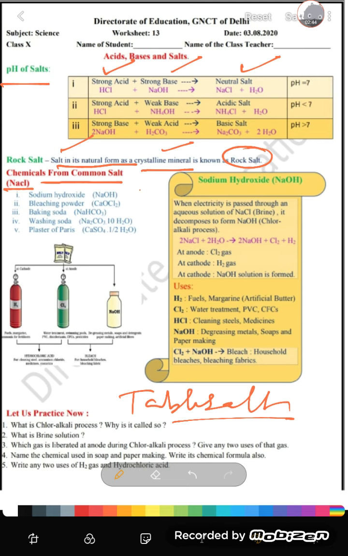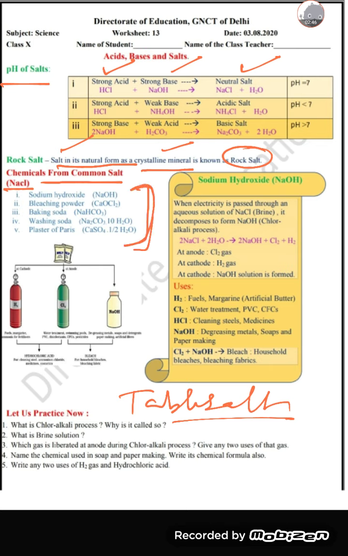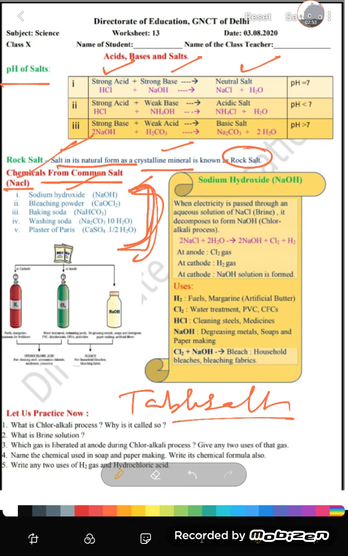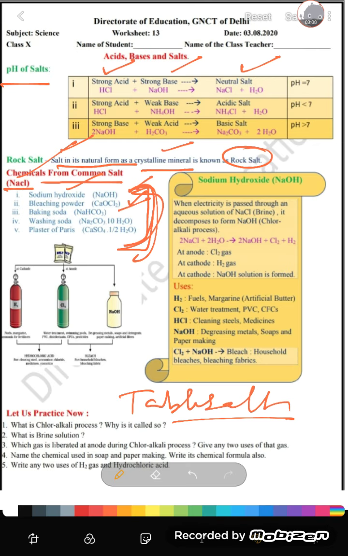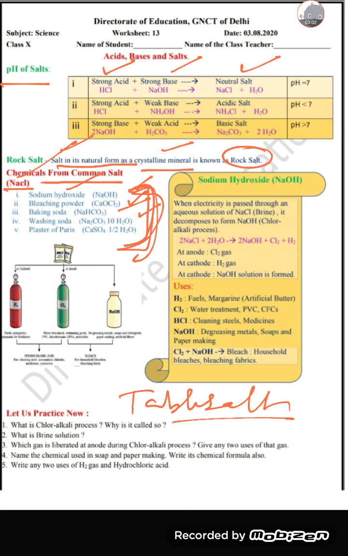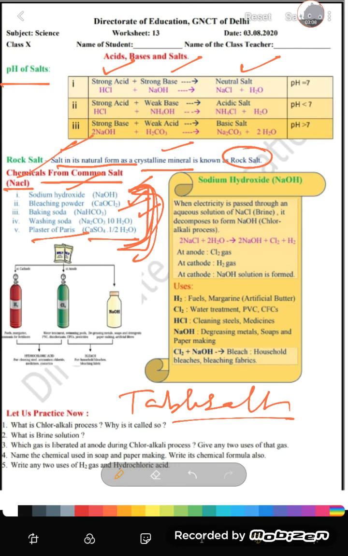All the chemicals made from NaCl are sodium hydroxide NaOH, bleaching powder CaOCl2, baking soda NaHCO3, washing soda Na2CO3 plus 10 molecules of water, and plaster of Paris. Plaster of Paris means calcium sulfate hemihydrate, CaSO4 with half a molecule of water, right?